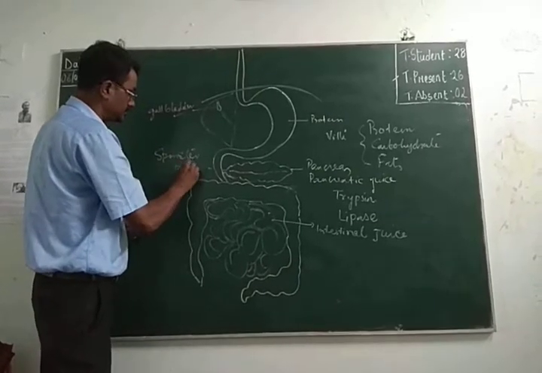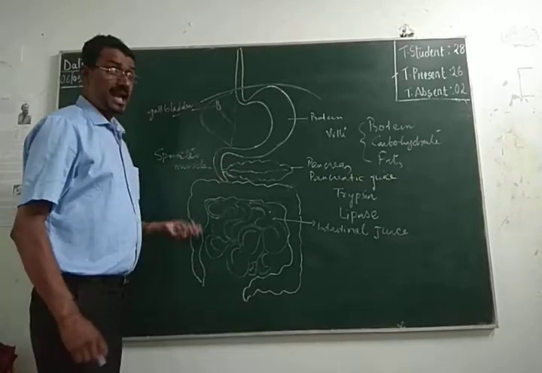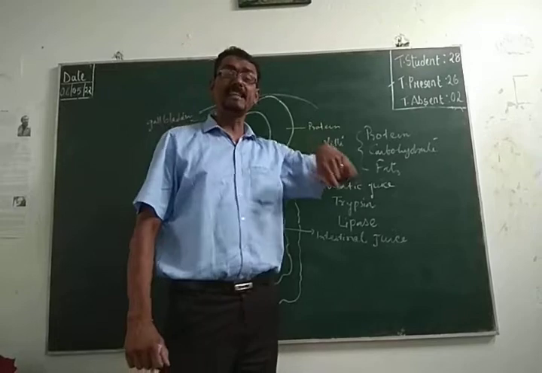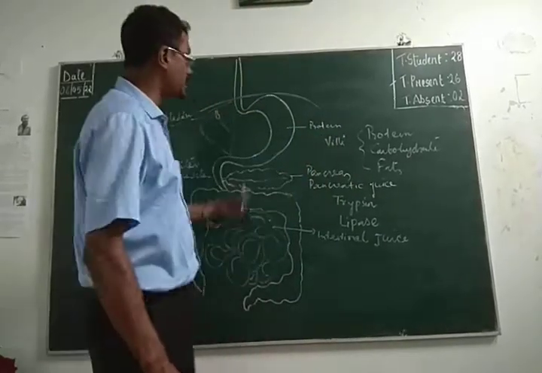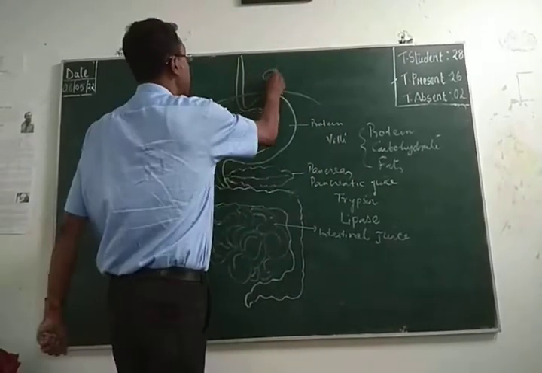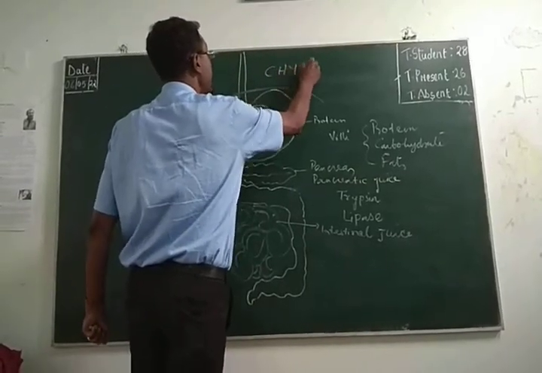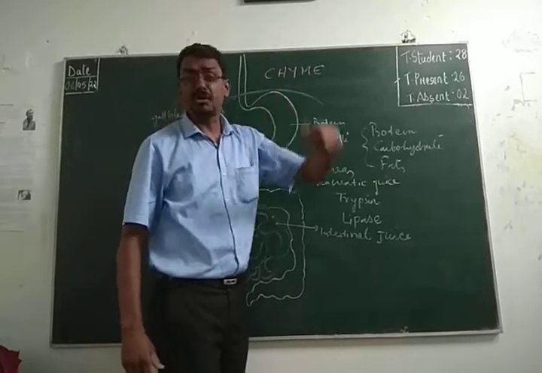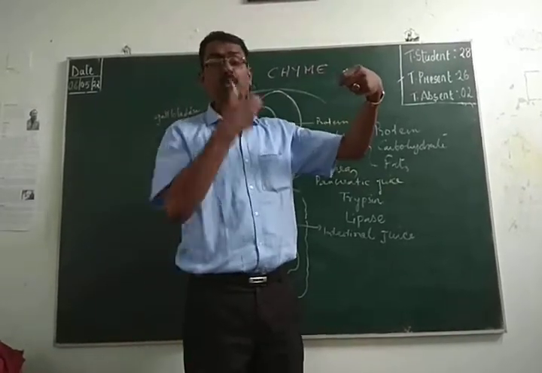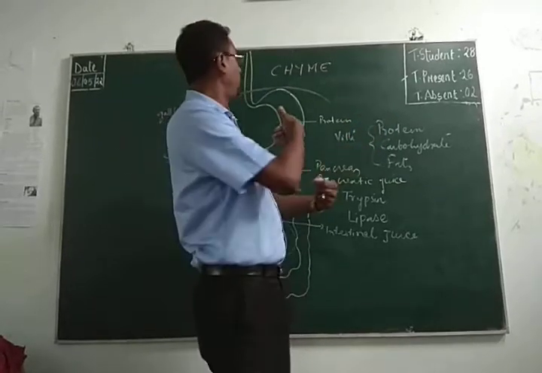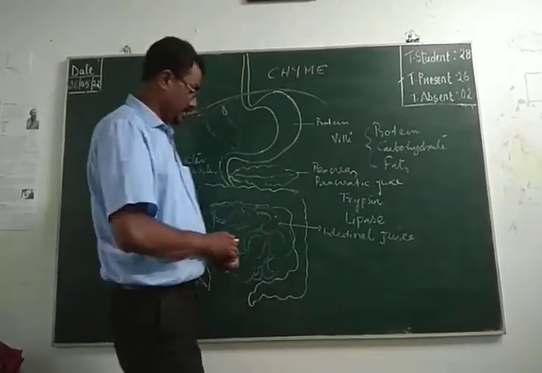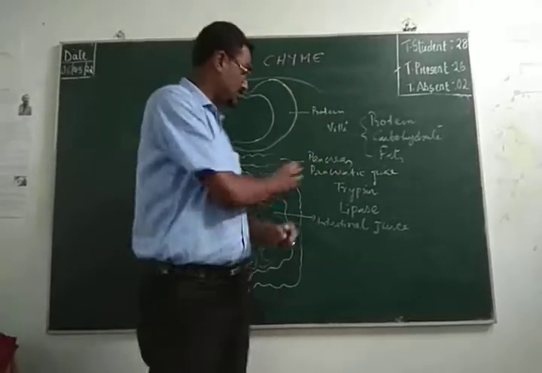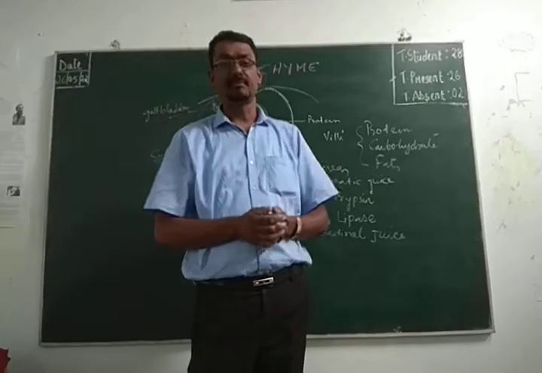Okay, and the partially digested food which reaches the small intestine from the stomach is called chyme, C-H-Y-M-E. So what is chyme? Chyme is the partially digested food which reaches the small intestine from the stomach. So students, these are the things you are finding in the liver and the small intestine in the process of digestion. Thank you.